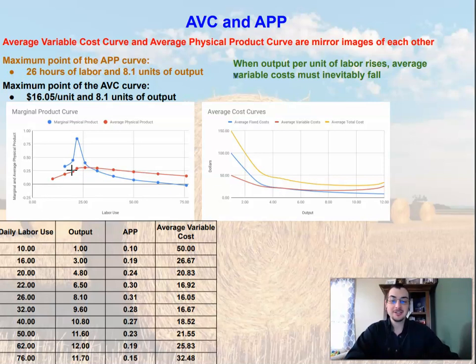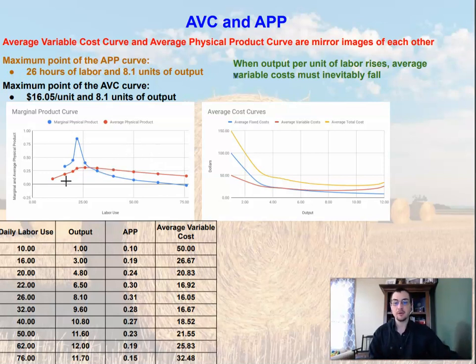This has to do with efficiency. At the minimum point of the average variable cost curve, we're at the most efficient point per unit of input. Essentially both of these graphs are mirror images of each other.